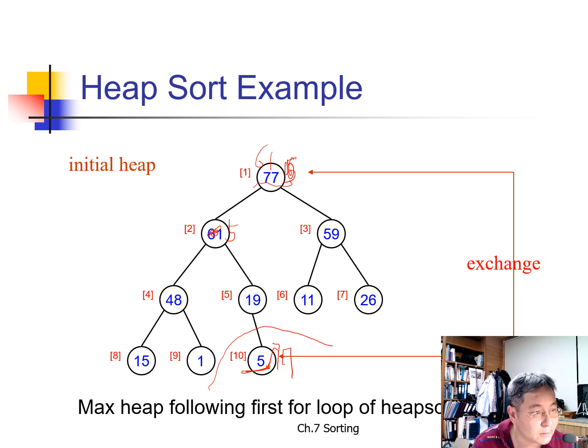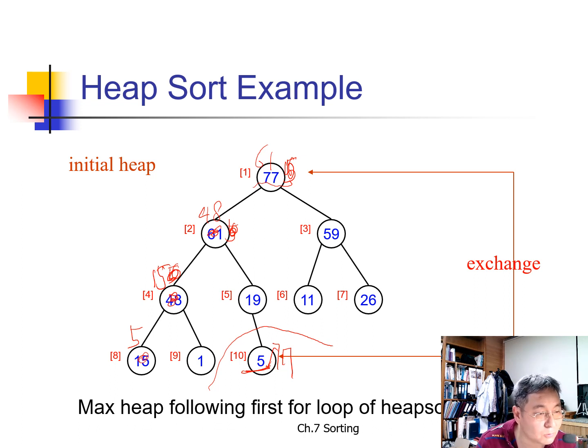And 5 will also be exchanged with 48. 48 is here and 5 goes here. Now 5 goes here, and 15 goes here. So this is the result of the heapify.